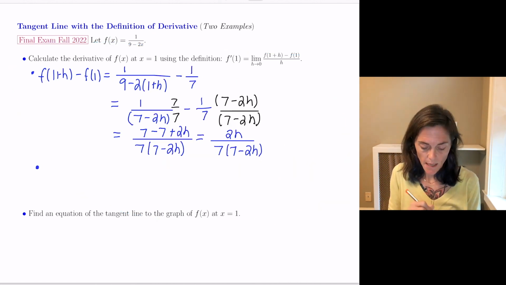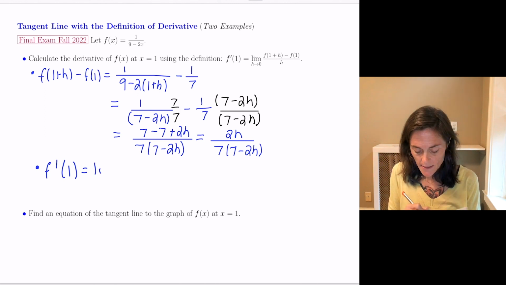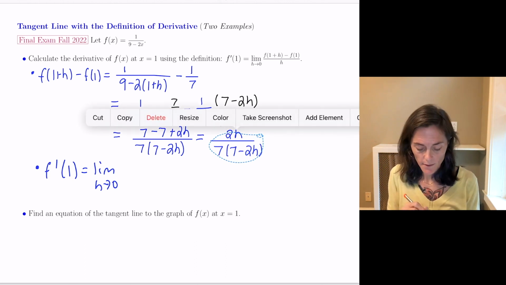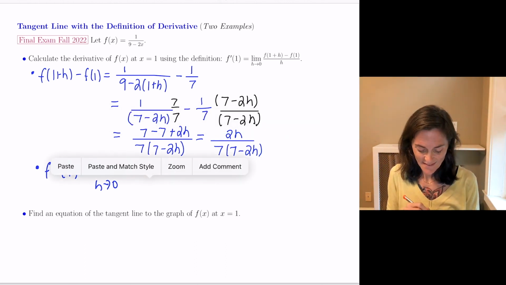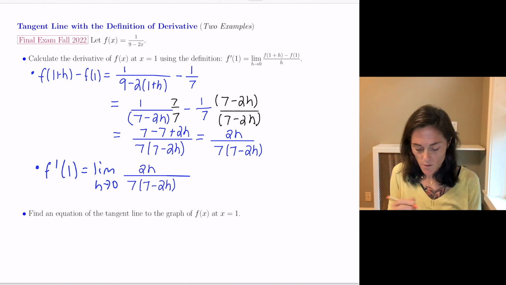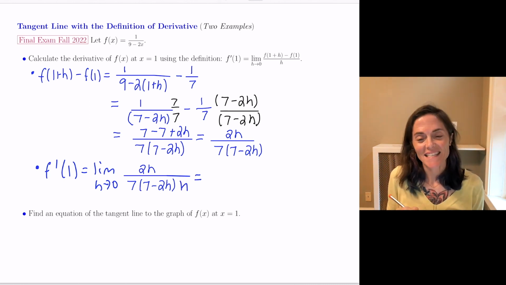Okay, next, f prime of 1 is a limit as h approaches 0. Well, this is my numerator. And then I just divide by h. So that is going to be down here. H over h is 1.